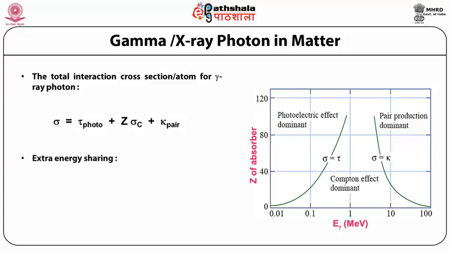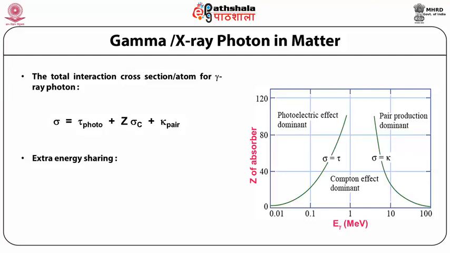Extra energy sharing means when the incoming photon has energy much greater than that required to produce the electron positron pair, that is 1.02 MeV, then the extra energy of the incoming photon is shared between electron and positron. And how is it shared?